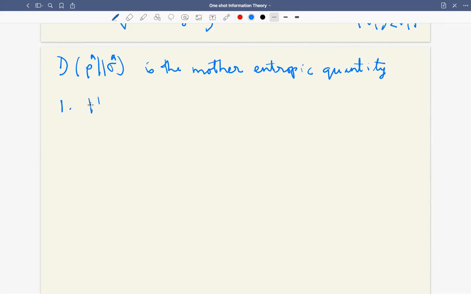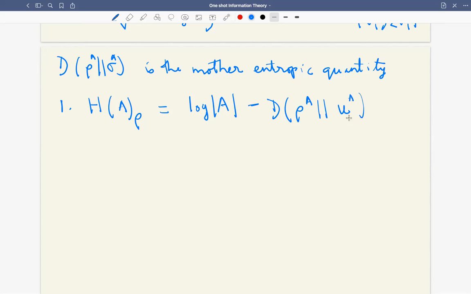So first of all, the entropy of A under rho is the log of the dimension of A minus the relative entropy of rho A with respect to U_A, the uniform distribution over A. This is defined to be the classical distribution, also called the completely mixed state.